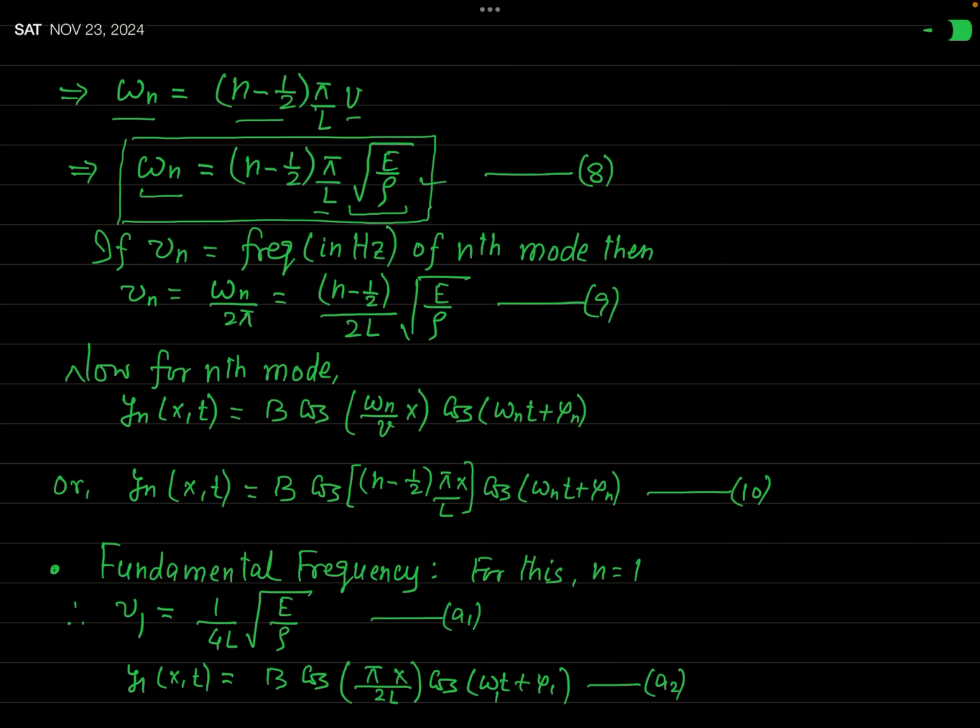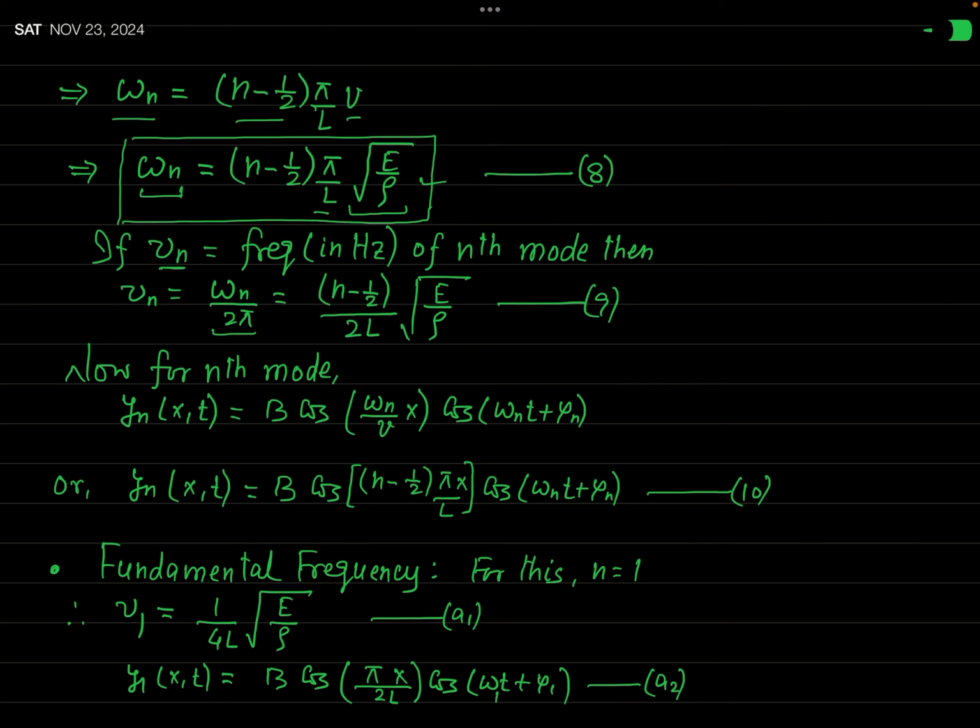Now if your aim is to find the frequency of vibration, that is the frequency measured in hertz, which is also called regular frequency. Omega n is also a frequency, but we call it angular frequency or circular frequency. But nu n, which is the regular frequency measured in hertz, is given as omega n over 2 pi.